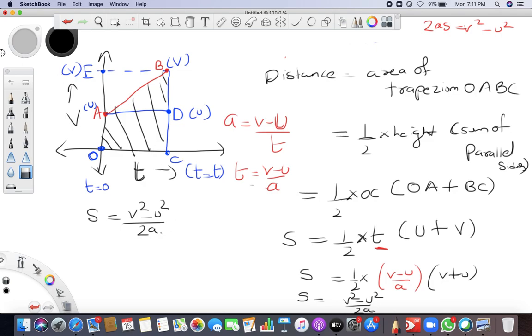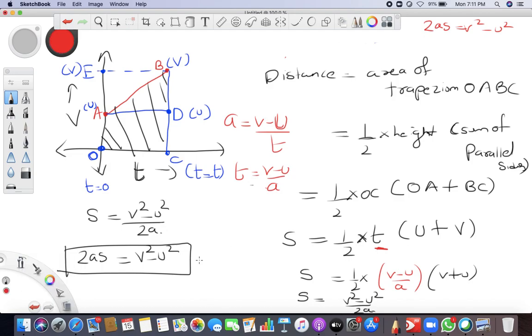When you take this A to the opposite side, you get 2AS is equal to V square minus U square. Can you see? This is your third equation of motion. I'm sure you have understood properly. This is a very long question. This might be asked in the exam and you have to write all this long method, right? So this is how you can derive the 3 equations of motion.